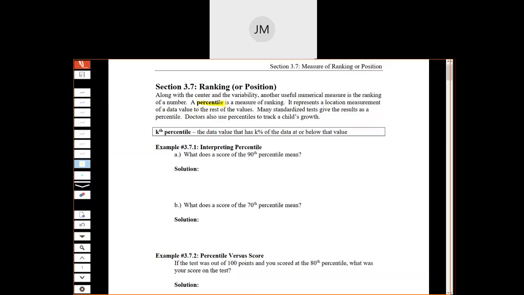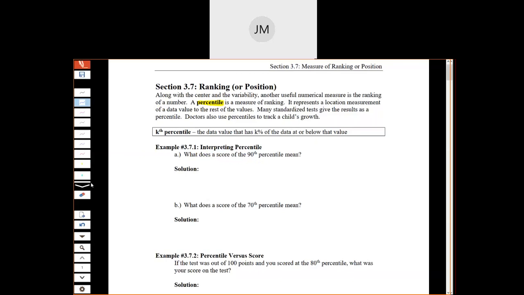Okay, so percentile is a measure of ranking, and it measures where a data point is in the data set relative to everything else. So first let's talk about what it is, and then we'll look at what that means a little bit. So the kth percentile is the data value that has k% of the data at or below that value. So for example, if you take a standardized test and you're in the 90th percentile, what does that mean?